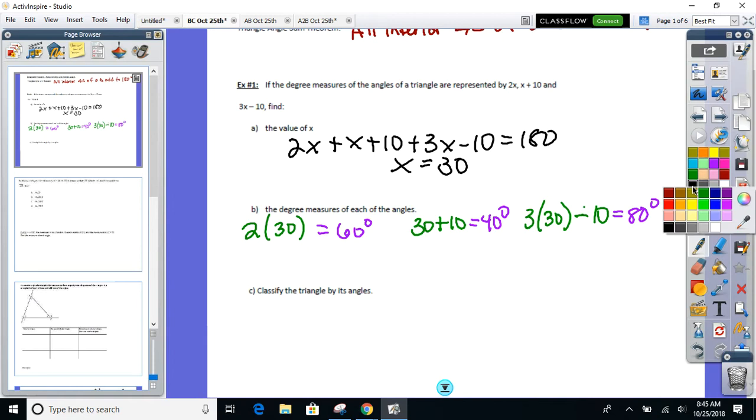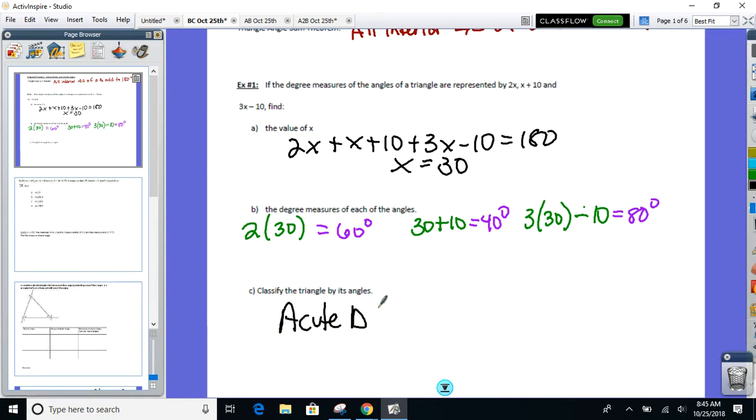All three angles are less than 90, so this could be an acute triangle. Any questions there?